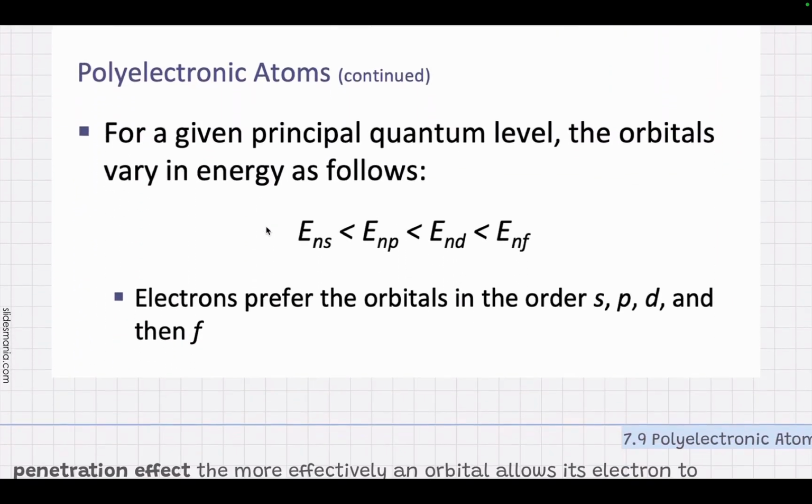For a given principal quantum number, let's say n equals 4, the 4s orbital is going to have less energy than the 4p, which will have less than the 4d, and that would be less than the 4f. Electrons are going to go into the orbitals in that order from low energy to high energy. They don't go exactly from 4s to 4p to 4d. We'll talk about that, but within n equals 4, they will fill in that order.